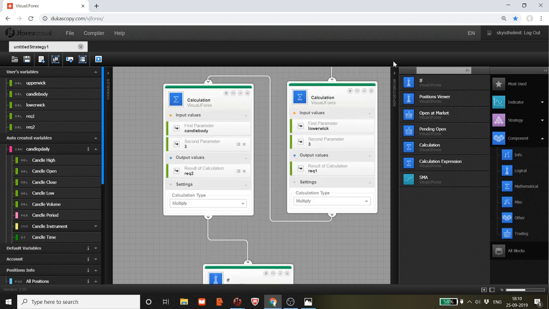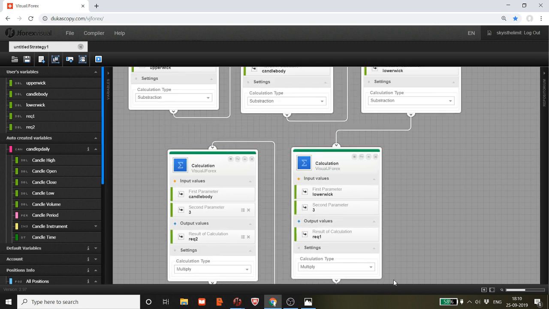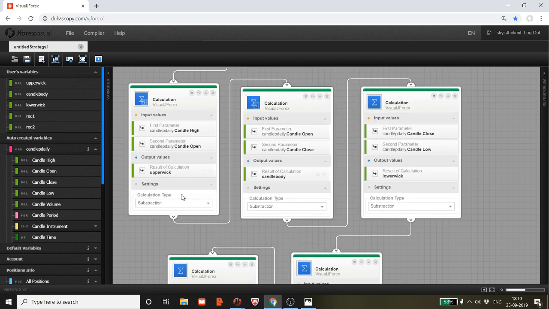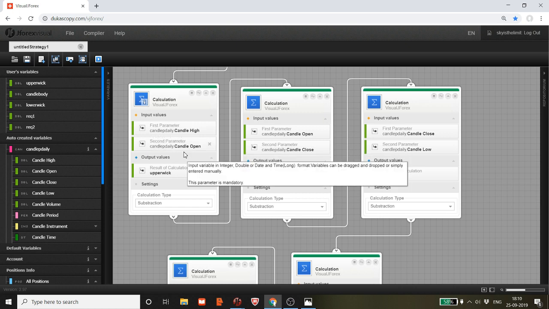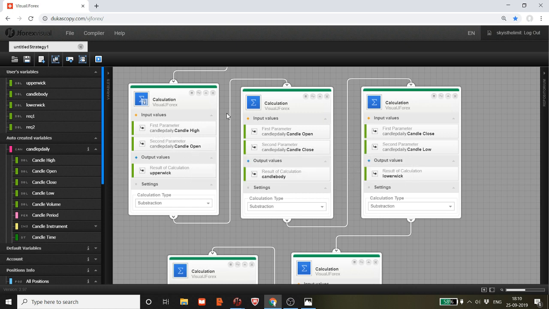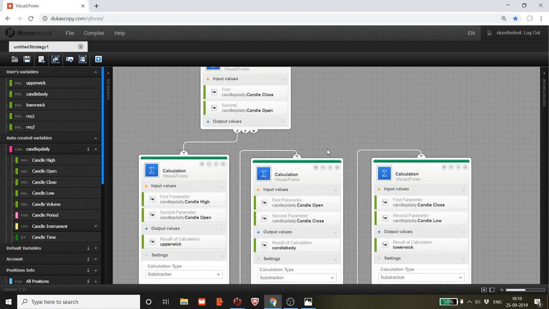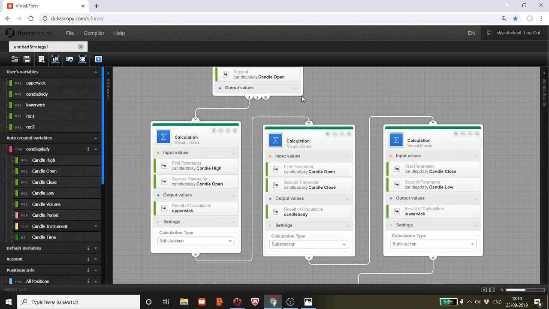Now one more time I will explain what I did. I have just calculated the three parts of the candle. Okay, upper wick, candle body and lower wick. So candle high, as candle is bearish, that I have defined here. Candle close is lower than candle open.